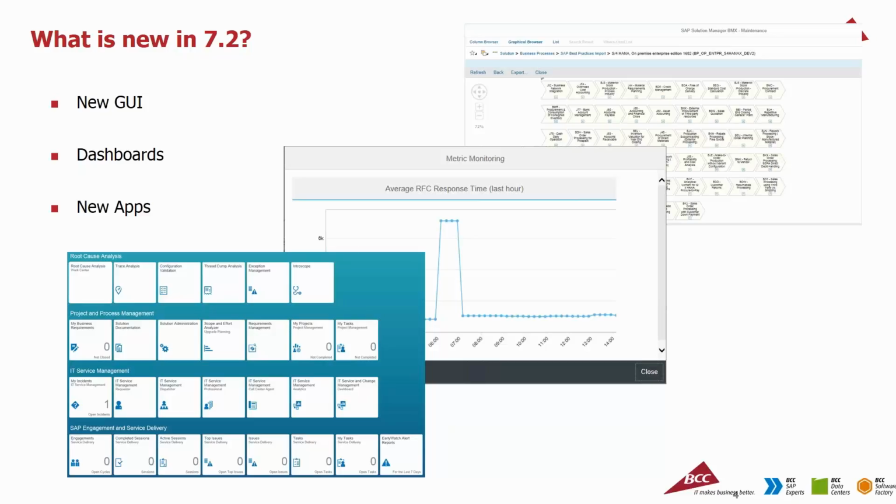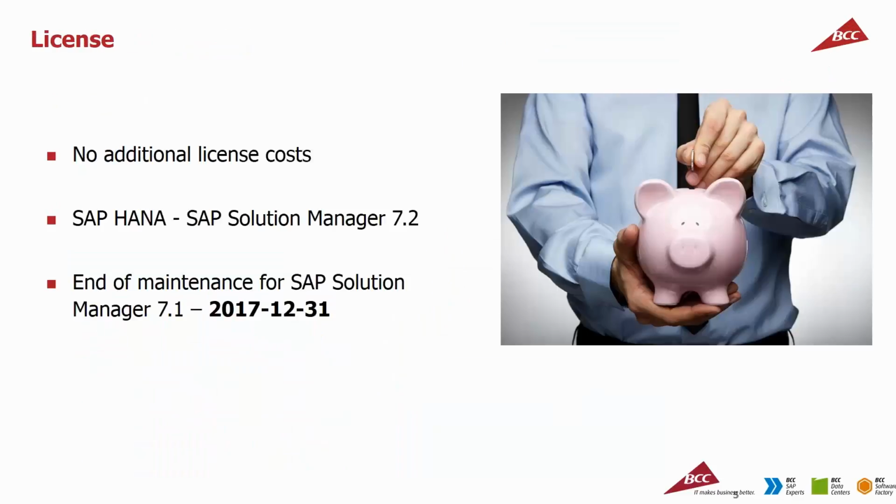So if you need something like requirement management, you can start it directly from the Solution Manager Launchpad, and it just creates a new requirement or any other needs you get in your organization.